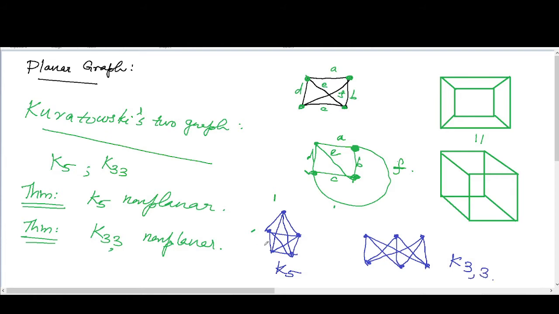If you try to draw another geometric representation, you can see that its edges are intersecting. We cannot redraw it without any intersection. Now we can move to the properties common to K5 and K33.